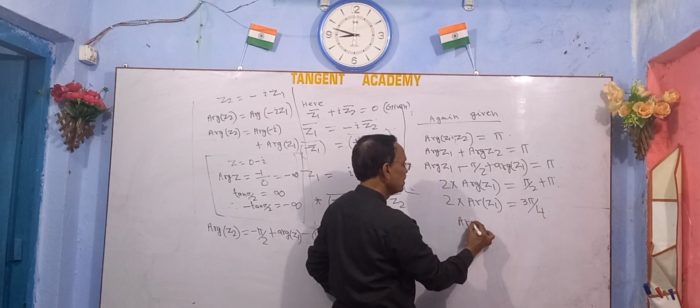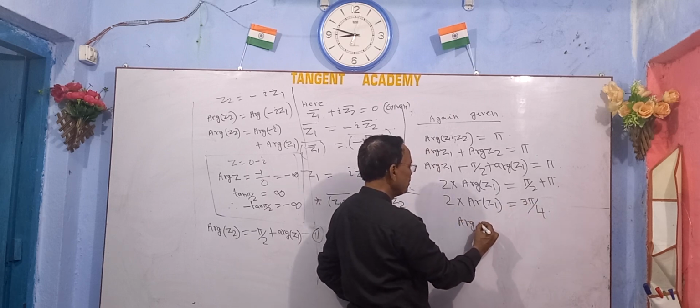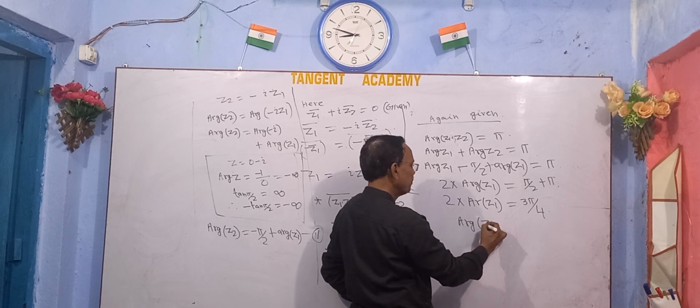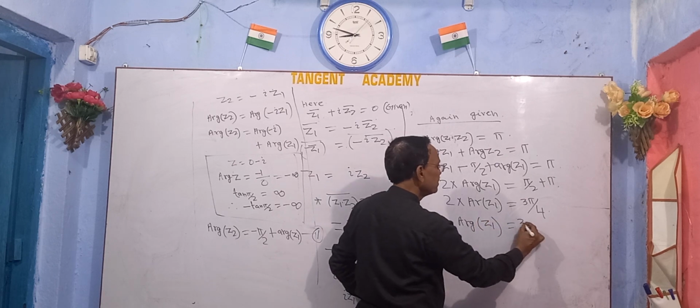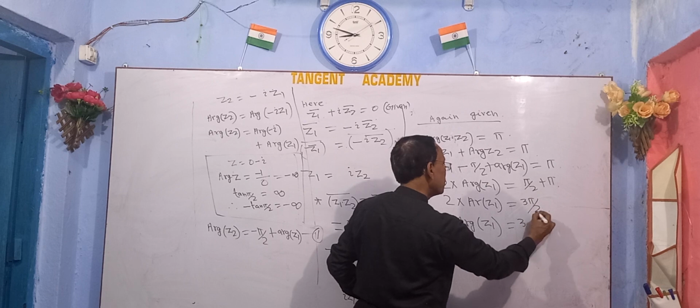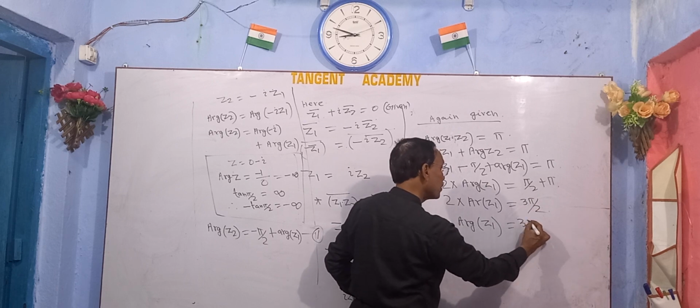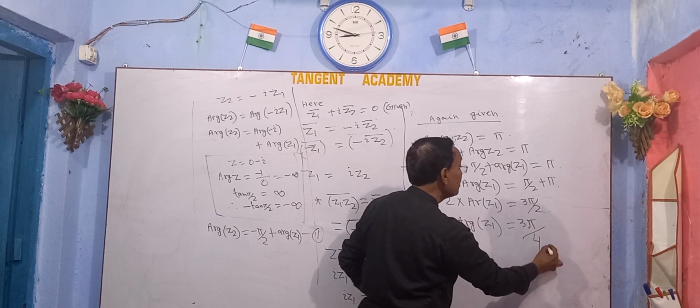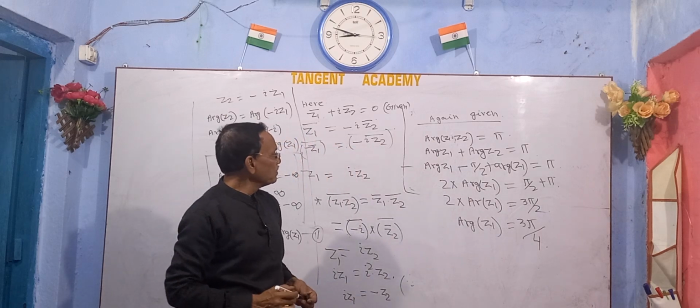The argument of Z1 can be written as 3 pi by 4.